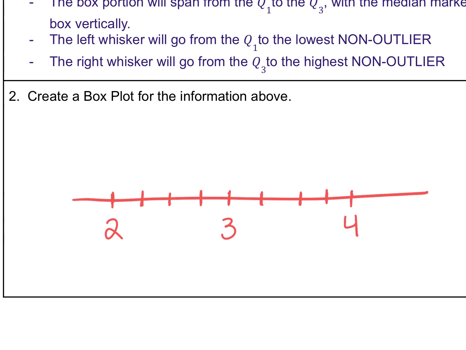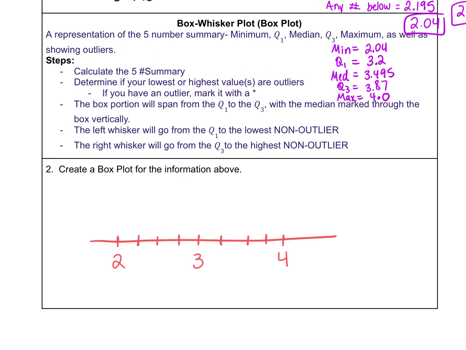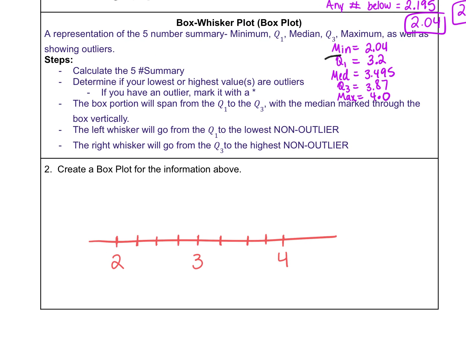Okay. Once we have that, the next part is going to be the box. And this is the easiest part. Your box is always made from the middle 3 numbers of your 5-number summary. So the box is going to be Q1, median, and Q3. The first line of my box is Q1. That's at 3.2, which is roughly right here.